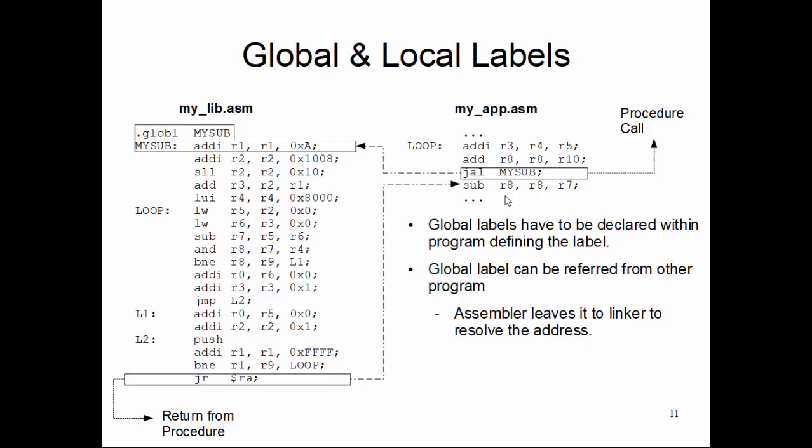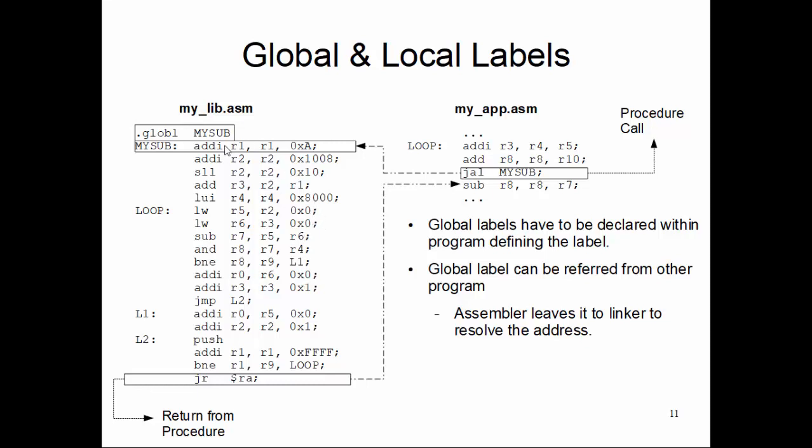One point to note also: both myapp and mylib have the same label, loop and loop. It is not a conflict, because they are local. They are treated within the scope of the specific assembly file where the assembler is assembling and generating the object code.